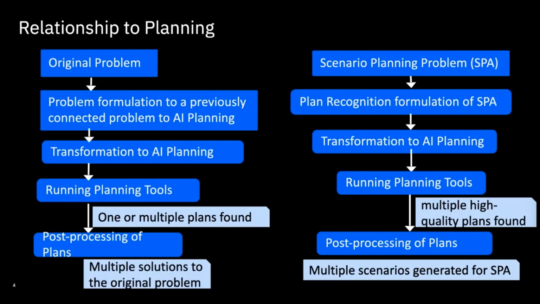The drivers that the users select in order to perform their what-if analysis are the observations. The implications, the drivers that have a special importance to the users are the goals. We then leverage the existing relationship between plan recognition and AI planning to compute the solution to the original problem.